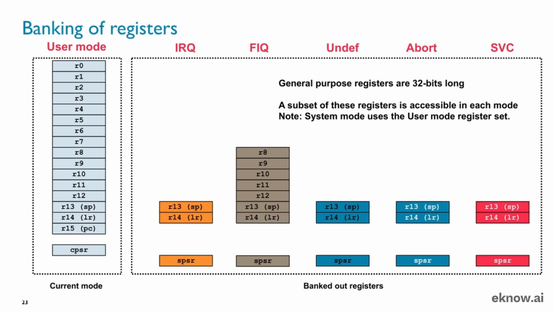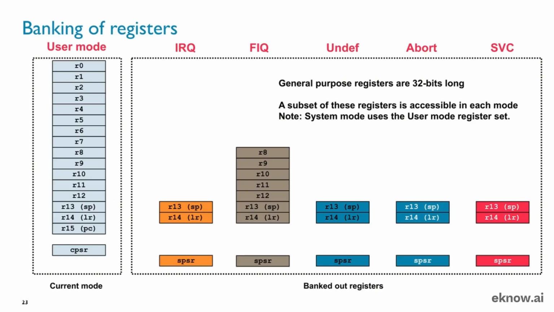R13 is the stack pointer, R14 is the link register, and R15 is the program counter. Below them is the CPSR, the current program status register, which keeps track of the processor's current state, like condition flags. As the text says, all these general-purpose registers are 32 bits long.